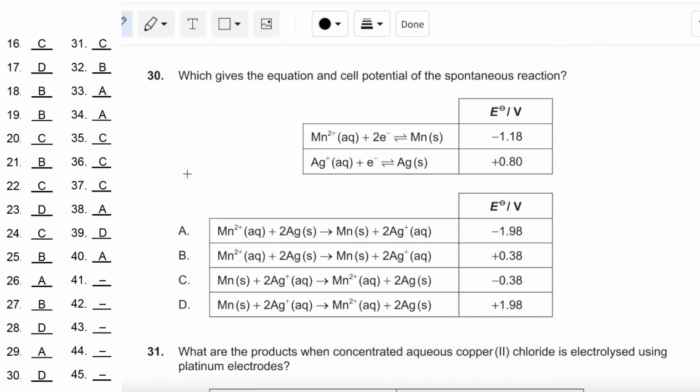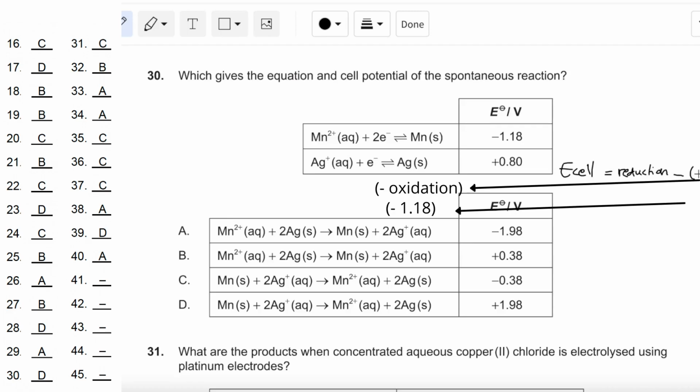Which gives the equation and cell potential of the spontaneous reaction? E cell calculation should be E cell reduction minus oxidation. So which one is reduction here?